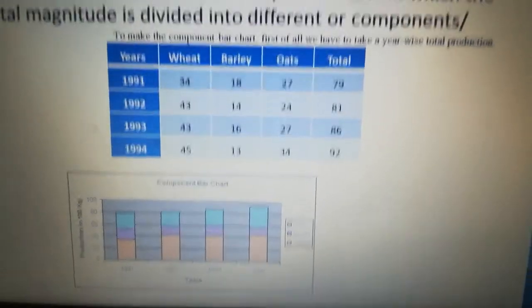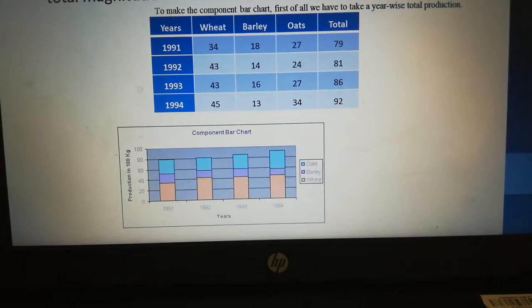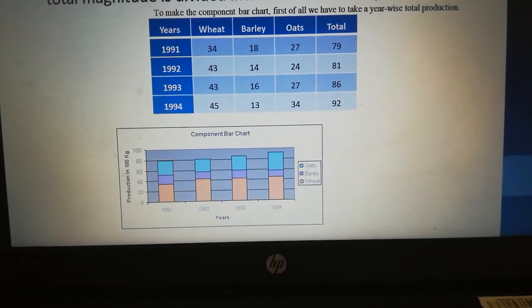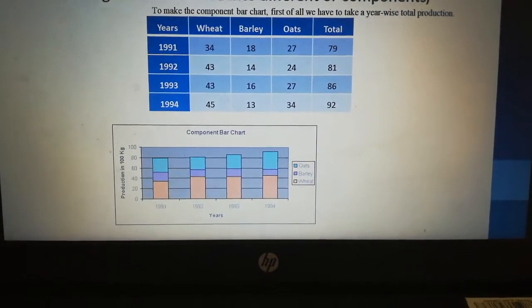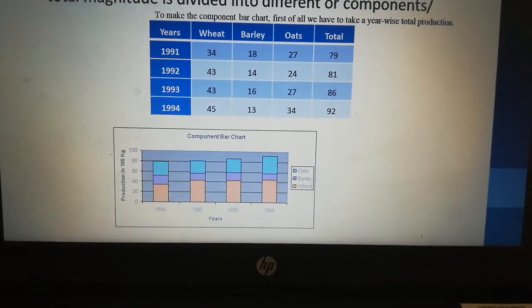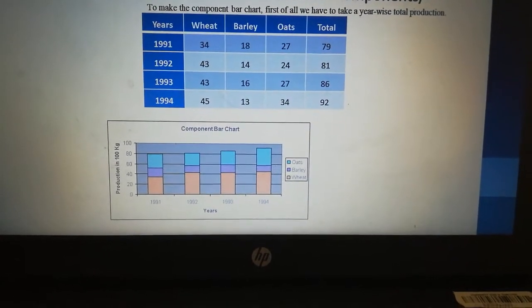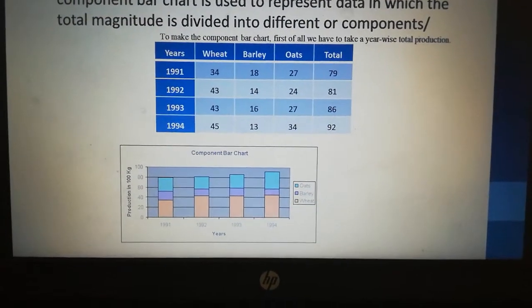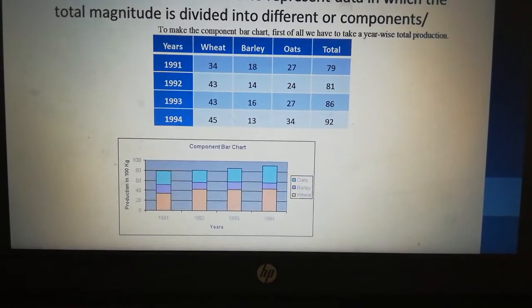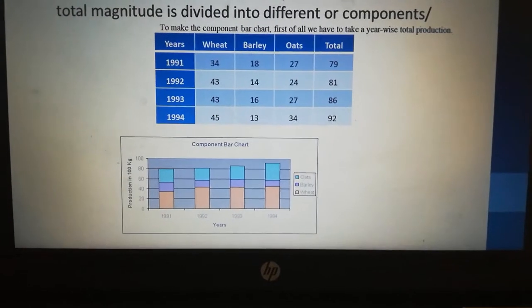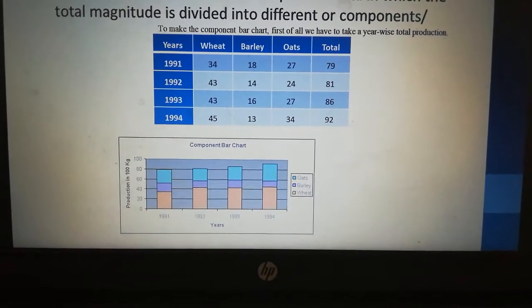The first one shows 34. We can see that the orange represents the wheat, and above that barley, that is 18, and in a similar way each component is shown. It shows a total of 79. And in the year 92, it is coming up to 81, more or less the same way.